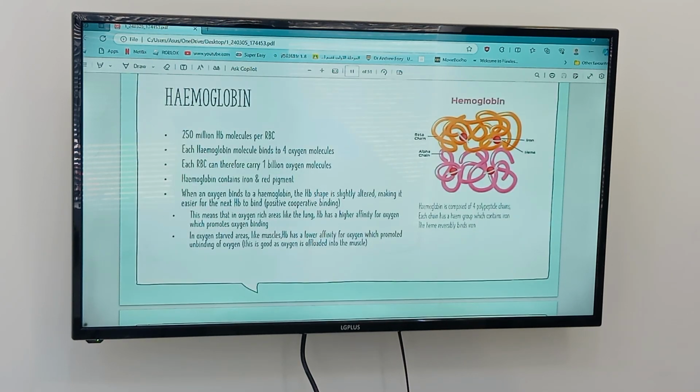Hemoglobin. Look, this is the hemoglobin. What can we see? We can see the beta chain of hemoglobin and the alpha chain. And between them, they are connected with iron, and the iron is surrounded by the heme.